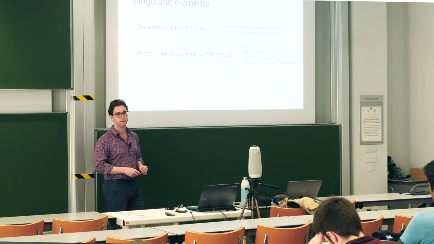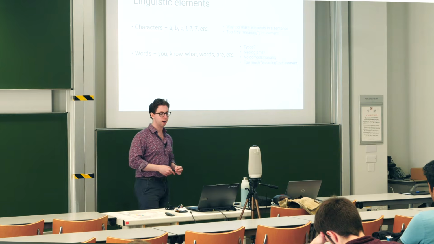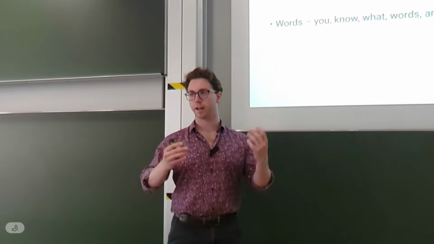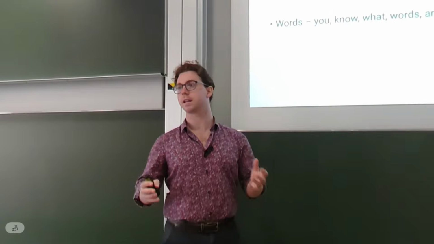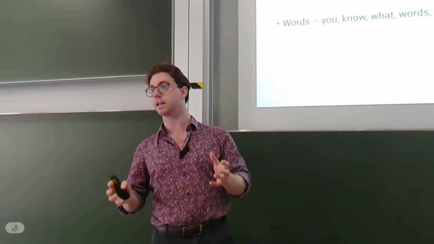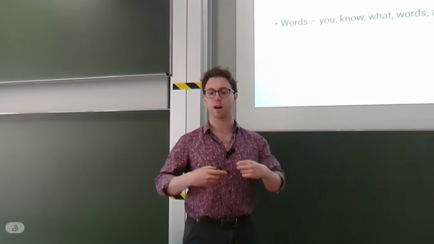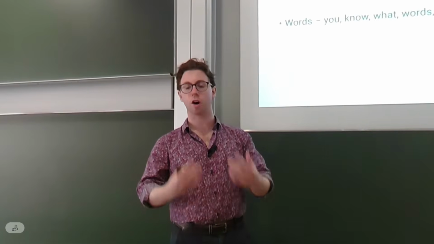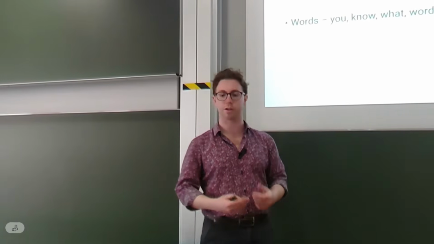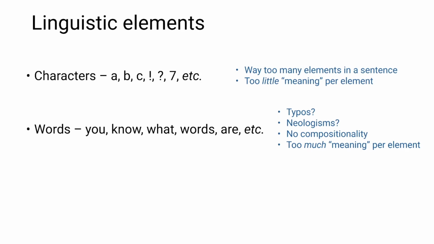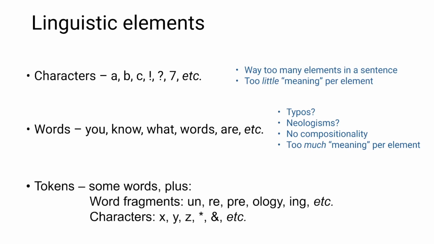If you take the word "unrest," for example, there are sub-parts of it that have meaning in and of themselves. And this exhibits some sort of compositionality in the structure of the linguistic elements. And we want to be able to capture that. So what we're actually going to use are what we call tokens. This includes a bunch of words, so really common words that appear a lot.